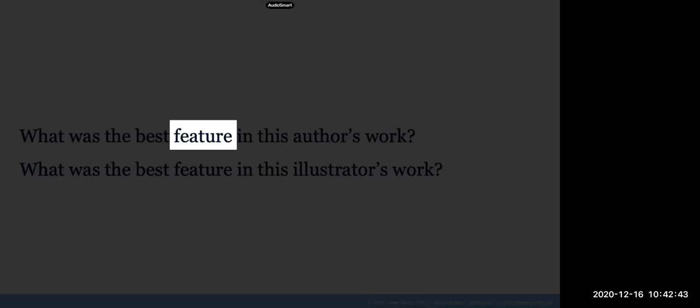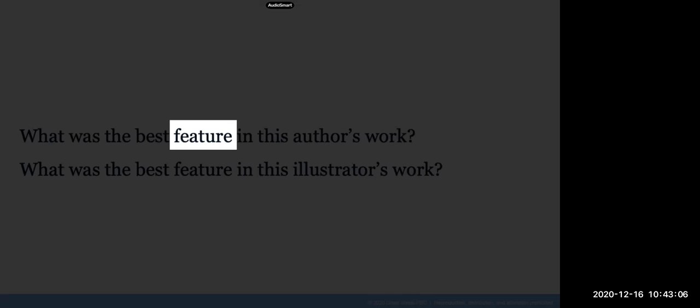If the word feature is a new word for you, I'd like you to think about it this way. When we think about the word feature, we're really asking, what makes this book so special, so different from other books? What did Keats do or use in this book to make it unique or special?